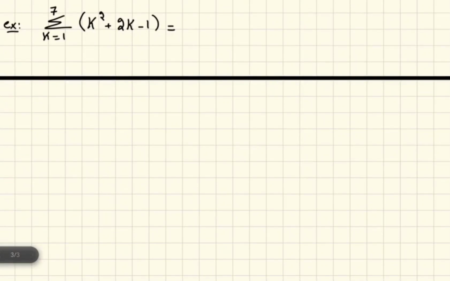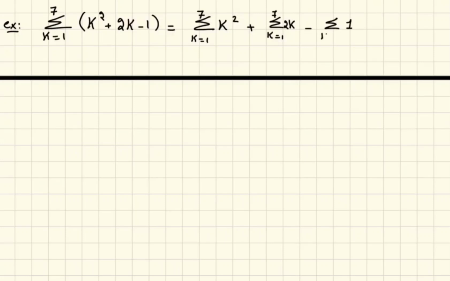So let's try to use these rules and some properties of sigma to finalize our answer. The first thing I notice is that we have addition and we have subtraction, so we are allowed to separate this sigma notation. So we write sigma of k squared alone from 1 to 7 plus sigma of 2k from k equals 1 to 7 minus sigma of 1 from k equals 1 to 7.